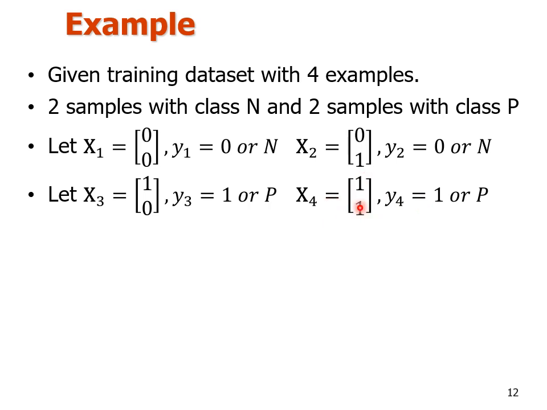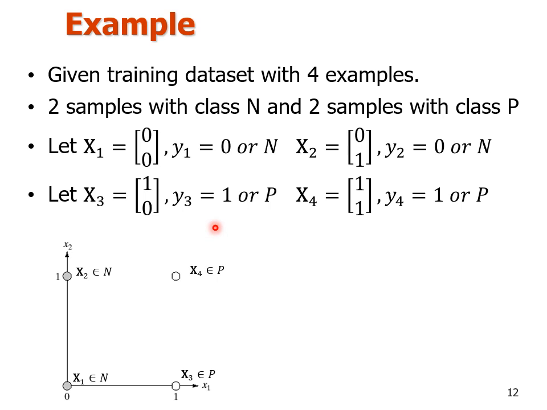If we look at pictorially how these samples are placed in 2-dimensional space, we can see that samples x1, x2 belong to the negative class and x3, x4 belong to the positive class. Even though the perceptron can deal with real values, to make it simple, we have the values as 0 and 1 for inputs.